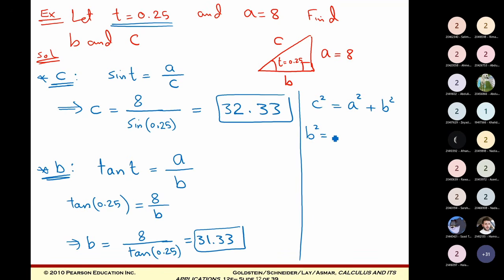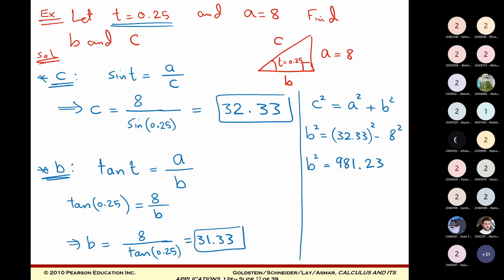C square, this is 32.33 square minus 8 square. Okay, so B square equals, please find this one, 981.22.